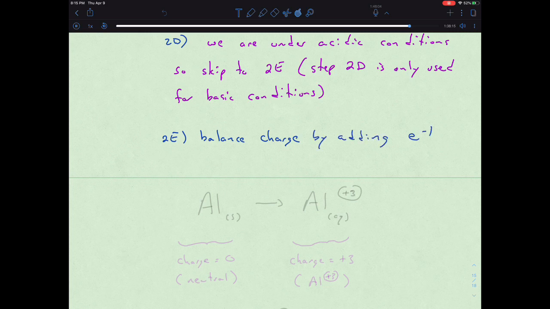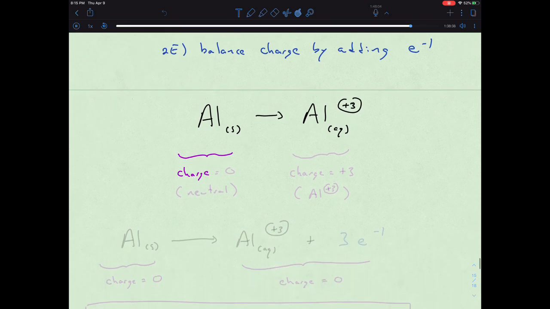by adding electrons. So if we look at our reaction, we haven't really done anything since the beginning with this half reaction. All right, so we're still left at this state. And if we look at charge, we have a charge equal to 0, right?